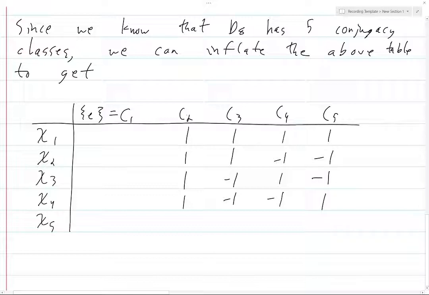Whatever it is, you get this one here, and then this, I believe, just starts out automatically. You have ones in here, right, because those were trivial. These are inflated irreducible characters, so you just get to start with these.